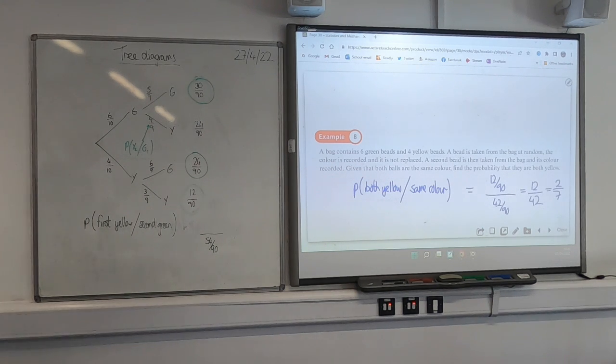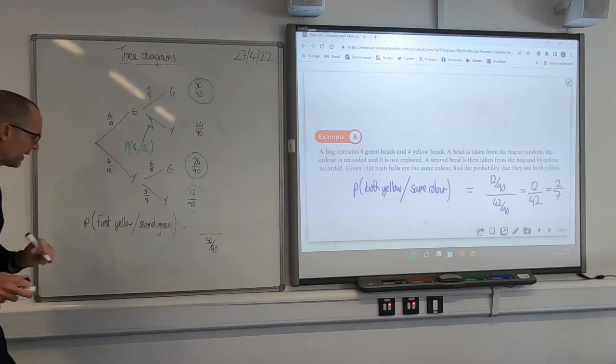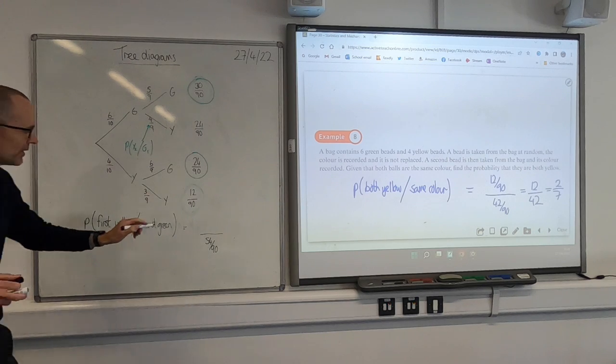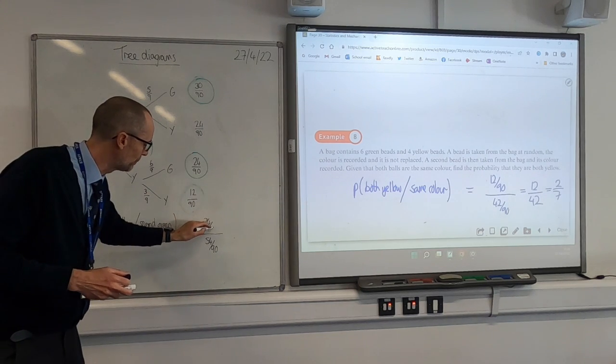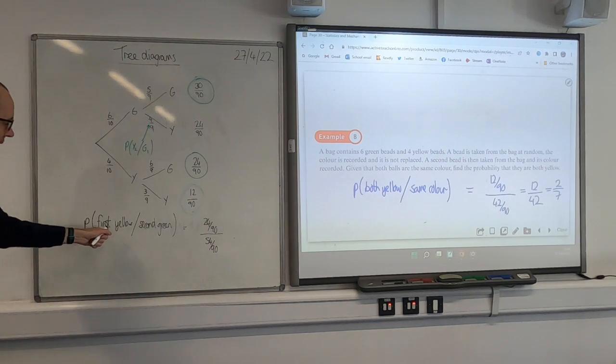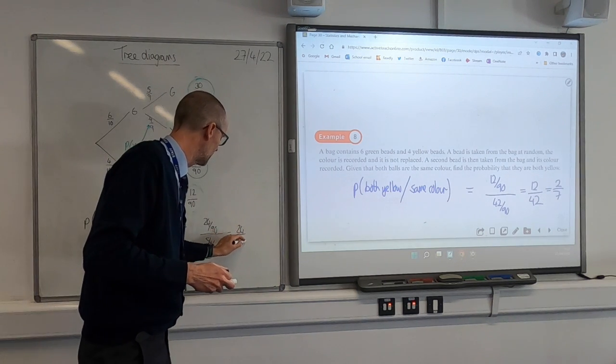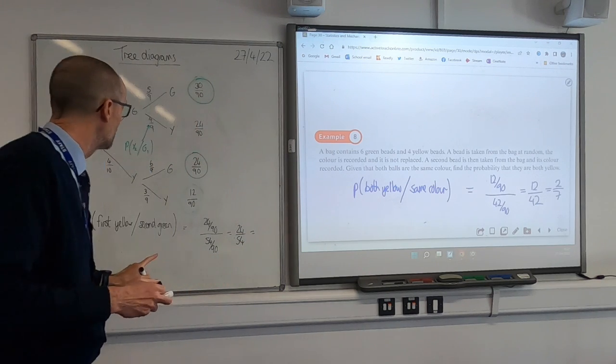Of those two, what part is down to the first one being yellow? Well, this is not. But this one is. So it's that part. What proportion of this involves this? That's what we're asking there. And again, that's going to simplify. Or is it not 4 over 10?